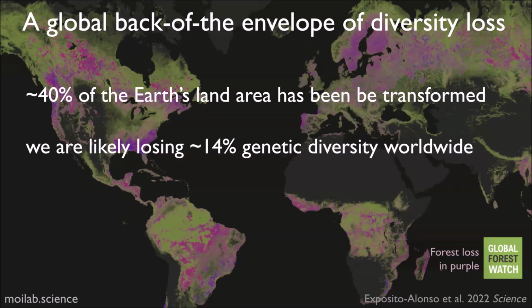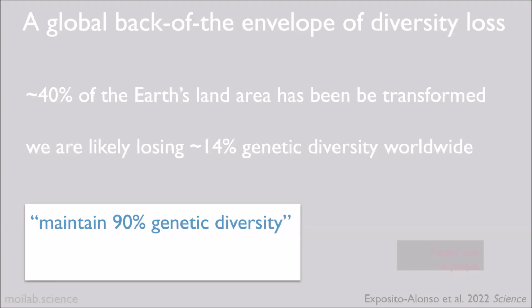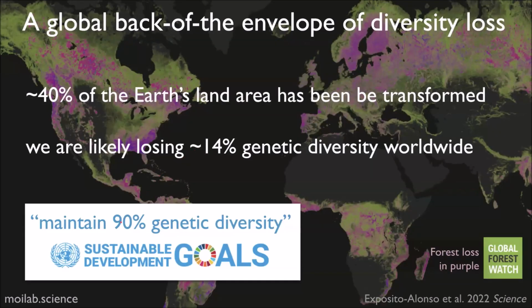If we plug that into the mutation-area relationship, it tells us that on average, an idealized average species must have lost about 15% genetic diversity worldwide, just from that shrinking of 40% of the geographic area. And this surpasses the preliminary targets of the United Nations Sustainable Development Goals.